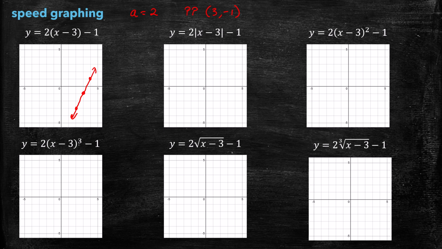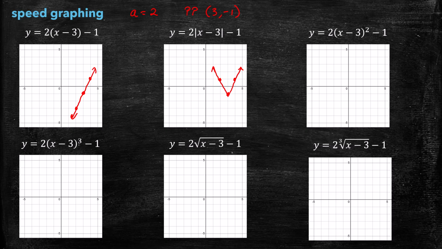For the absolute value function, pivotal point 3, -1. For the very first point to the right, I go right 1 and up 2. And because of the symmetry of absolute value, I know this other point exists, and I can create the absolute value graph.